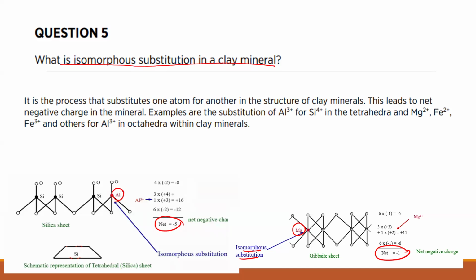This leads to a net negative charge in the mineral. Examples are the substitution of aluminium for silicon ions in the tetrahedral, and magnesium, ferrous, ferric and other ions for aluminium in the octahedral sheets within clay minerals. So those are the substitutions.